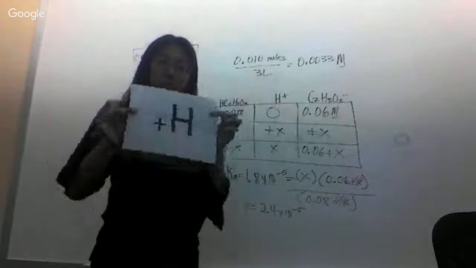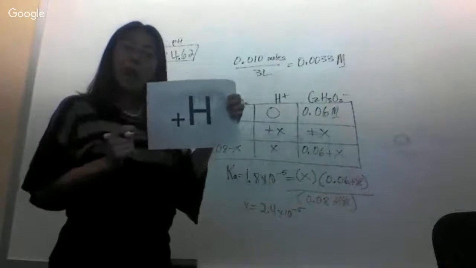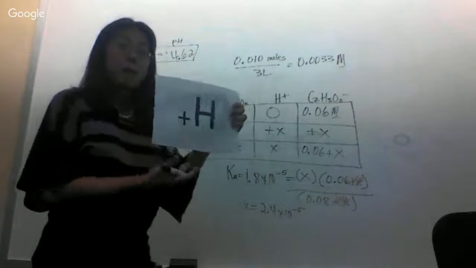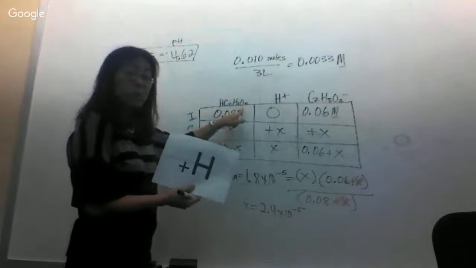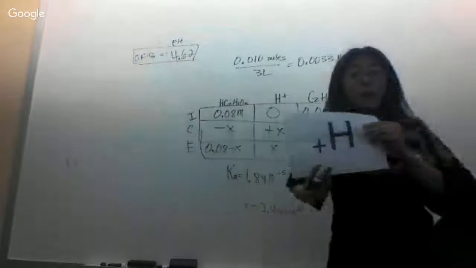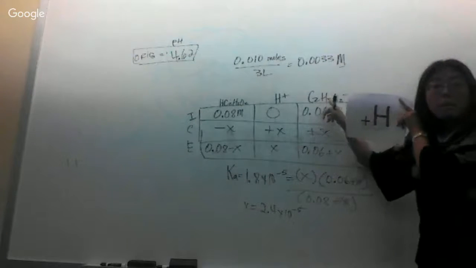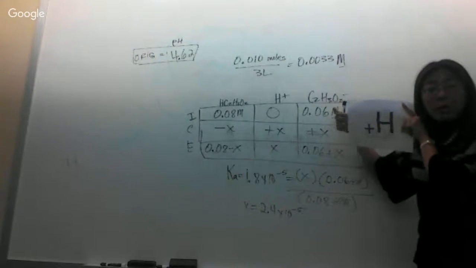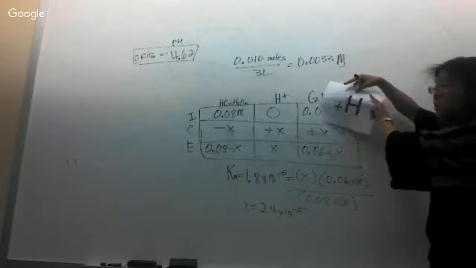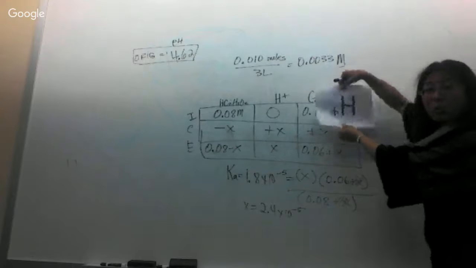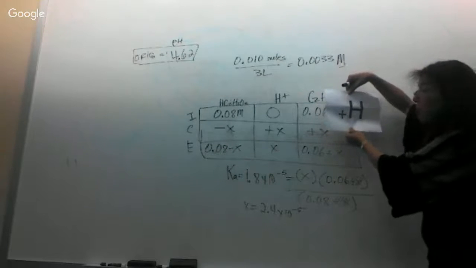So I got 0.0033 leprechauns coming along. Now, who am I going to react with? Am I going to react with the HC2H3O2, or am I going to react with the minus over here? Yep, we're going to react with the minus because this is plus and this is minus, so these will react. So if I react with this, what's going to happen?